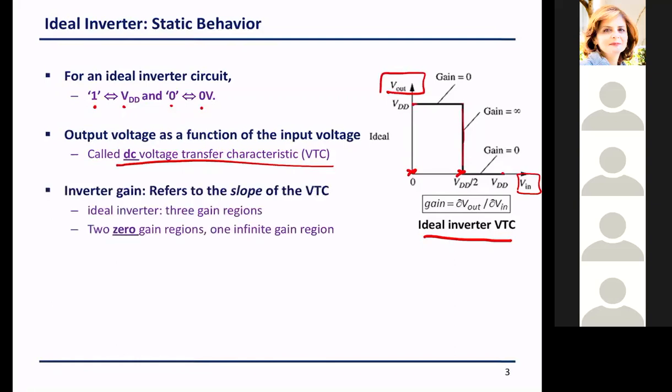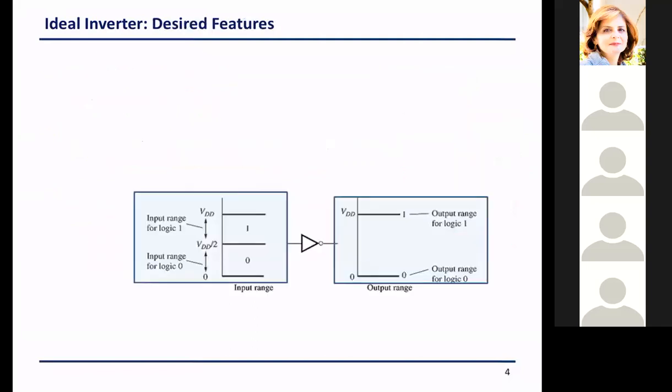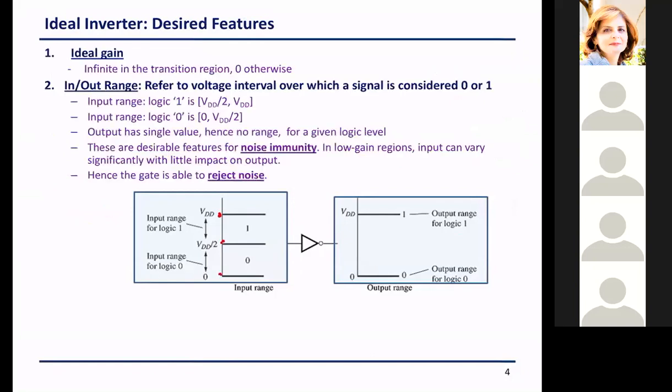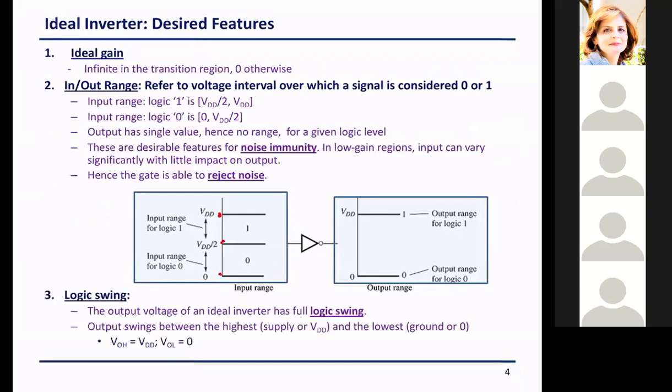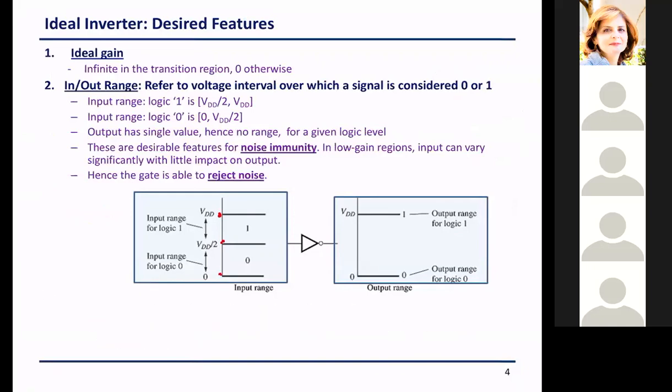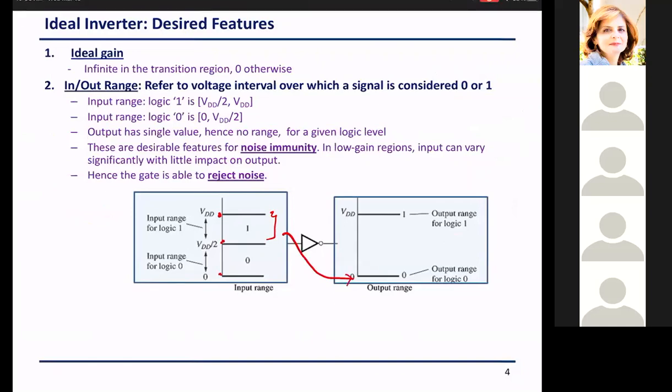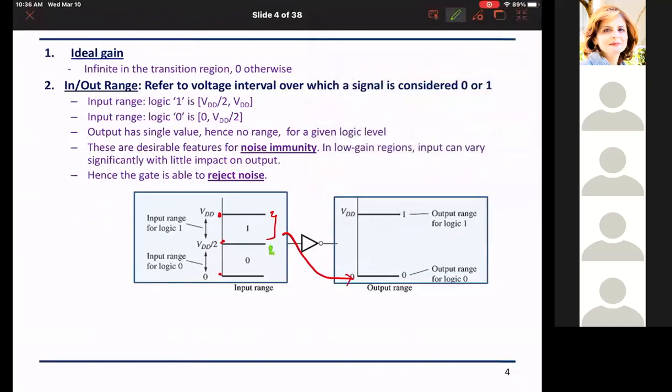Now the inverter gain is the slope. Ideally it is going to be infinite in the middle and 0 in the regions of operation. Now, in real life I cannot operate everything at 0, VDD over 2, and VDD. What happens to the inverter is that this range of input is going to map me to one value, and this range of input is going to map me to another value.